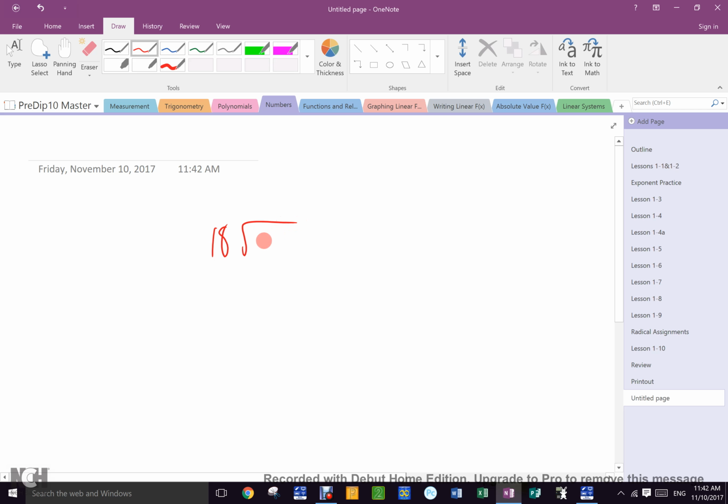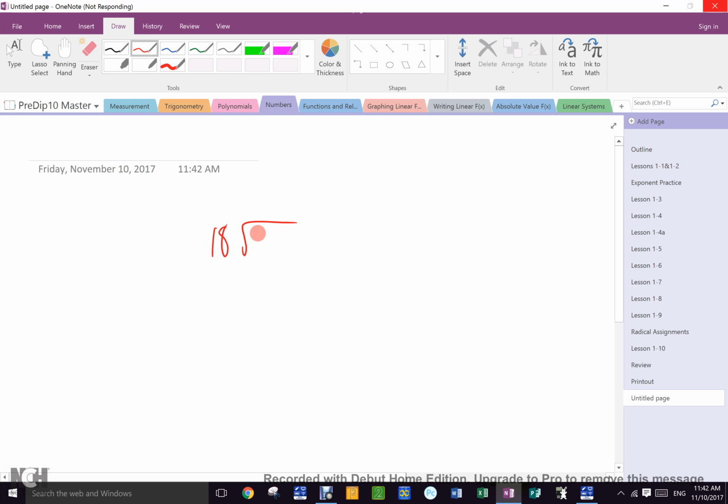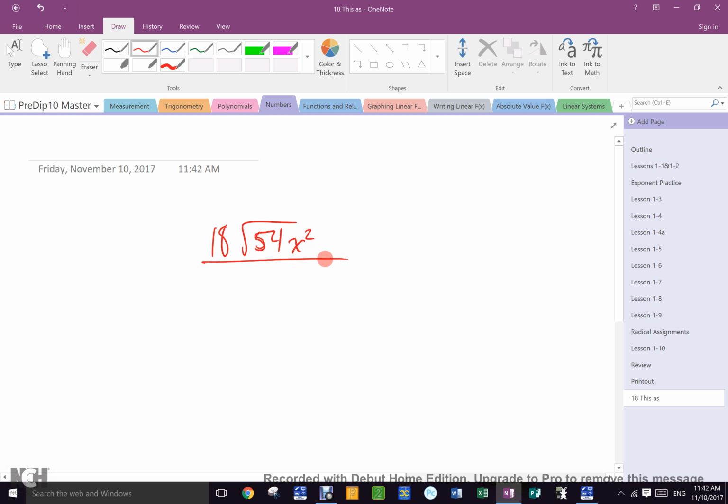18 root 54x squared over 6 root 6x. That's where I left you, right?